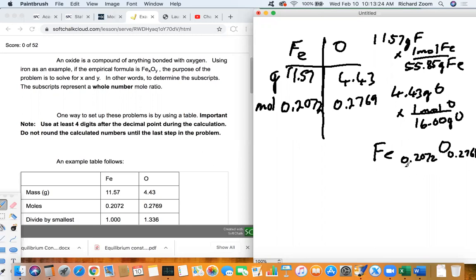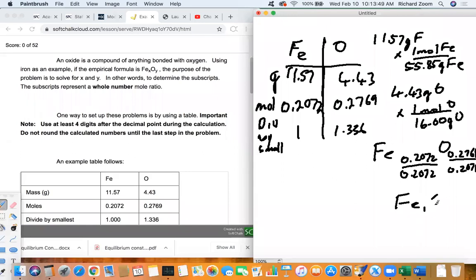The way I do that is I divide through by the smallest of the two, that's the 0.2072. Now, if I do that, then that'll be 1, and that'll be 1.336. I still haven't got a whole number yet, but I'm getting closer. So it's Fe1 O1.336.